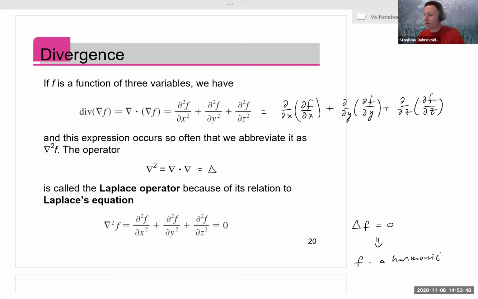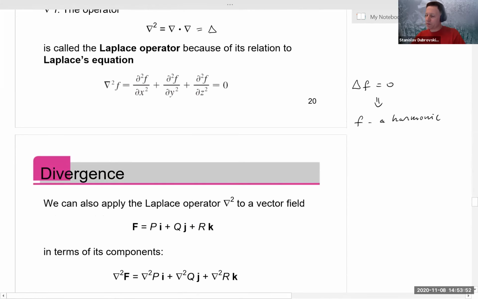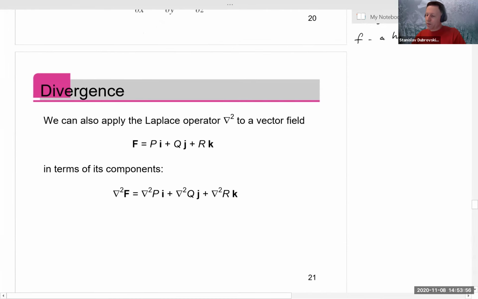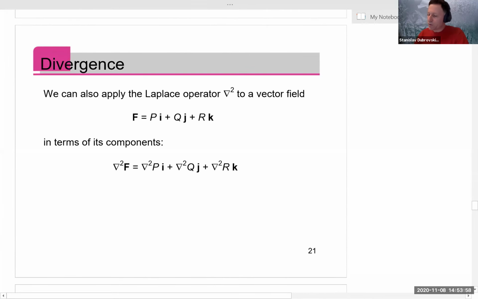So radio waves, very, very important for applications. You can apply Laplace to a whole vector field, but then we'll just understand that by default, that would mean applying Laplace to each of the components, P, Q, and R.